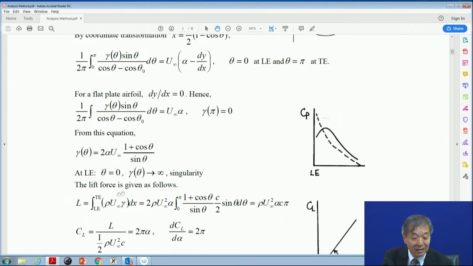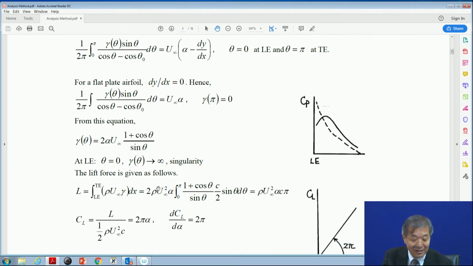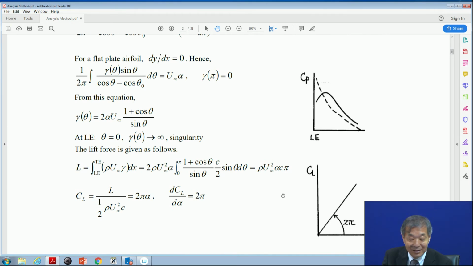The lift force is given by this expression: rho U infinity times gamma, integrated from the leading edge to the trailing edge. If we calculate this, we have the lift force as rho U infinity squared alpha C pi. This is the exact solution of the flat plate lift.